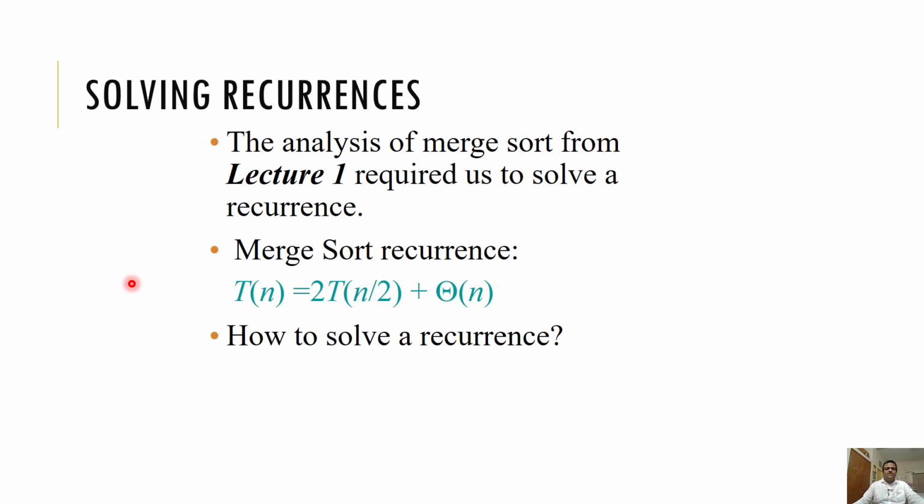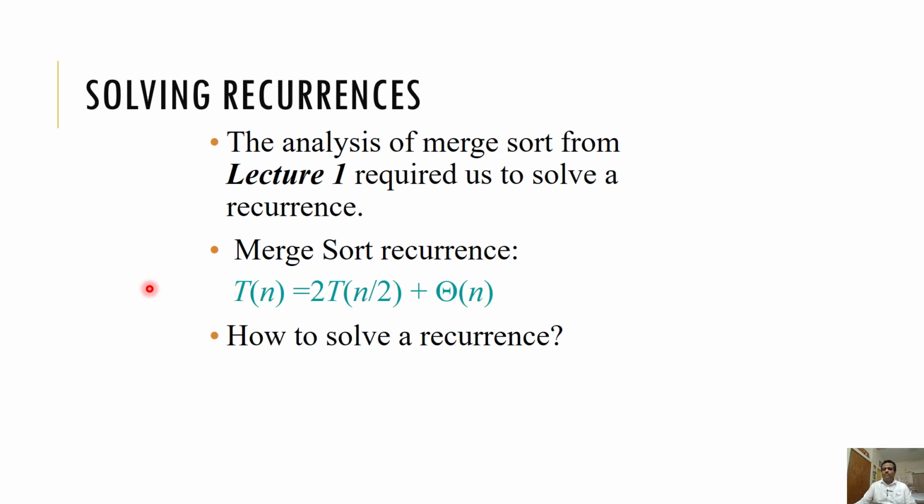We have seen one method of solving the recurrence in the last lecture, which is the recursive tree method. We will discuss that again in this lecture, and apart from that we will discuss two more methods for solving the recurrence. One is the substitution method, which is the most general method, and then we will recap the recursive tree method, and then we will go for the master method.